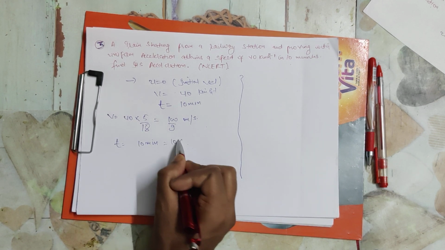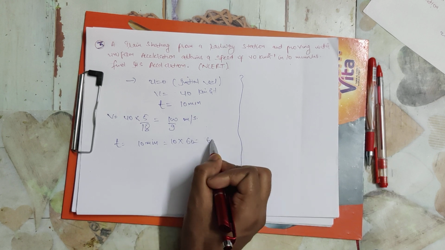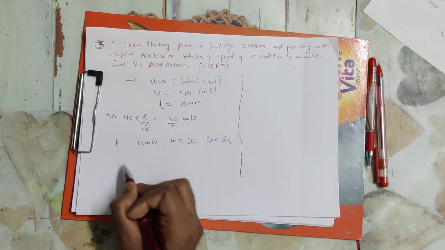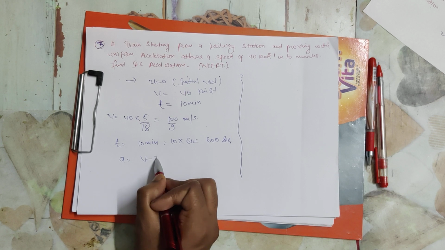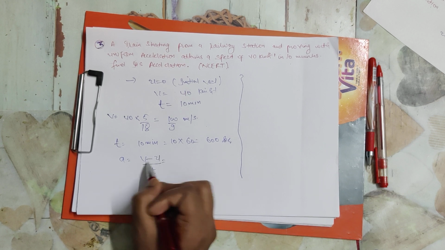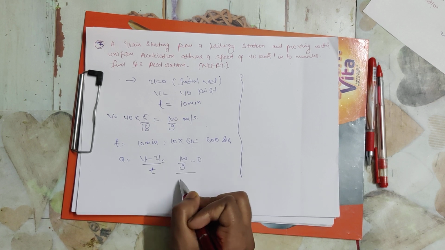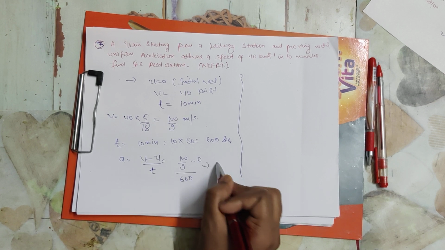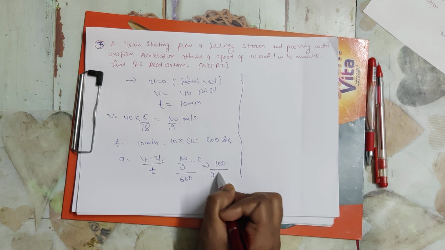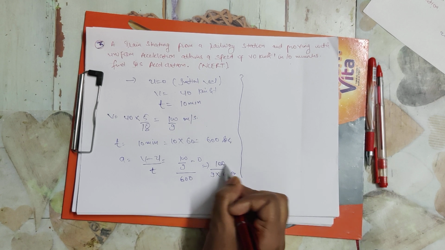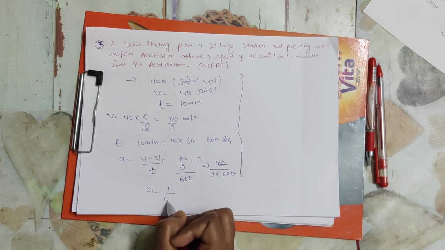It would be 10 into 60, so it would be 600 seconds. So acceleration is (v - u)/t, and v is 100 by 9, u is 0, divided by 600. It would be 100 by 9 into 600, so it can be written like this.